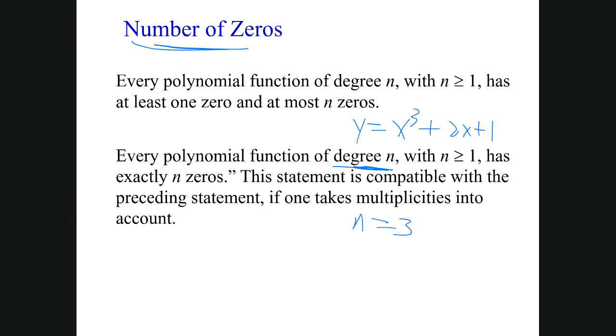That means a polynomial has at most n zeros. I'm gonna explain that to you later on. So what is at most? That means I can have 3 zeros or less.